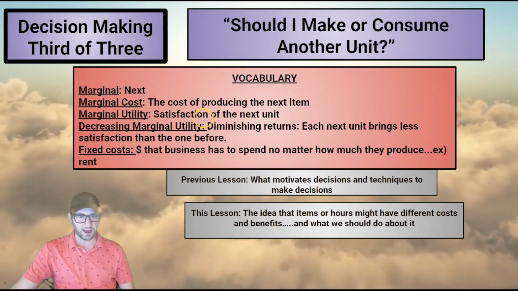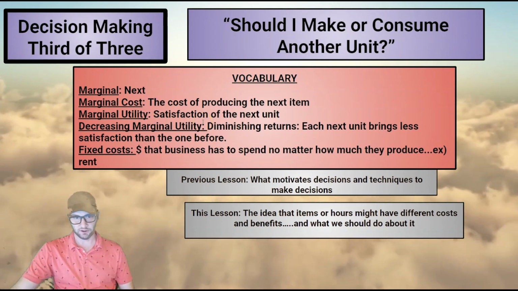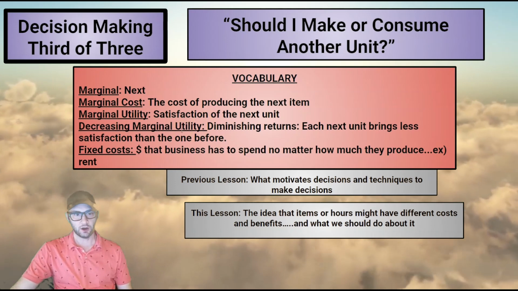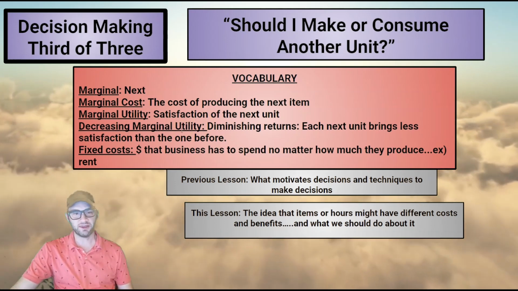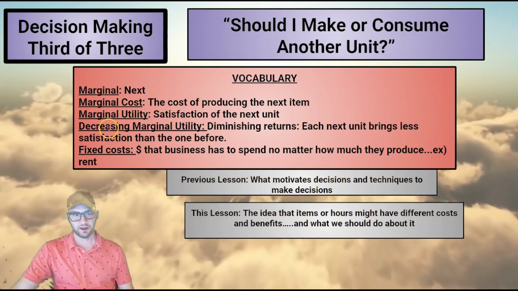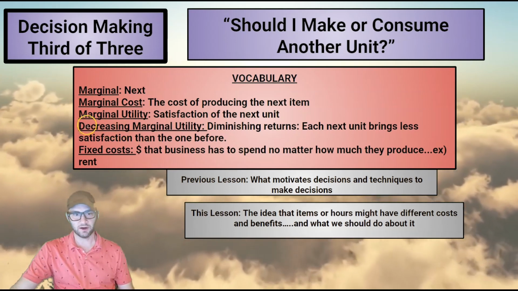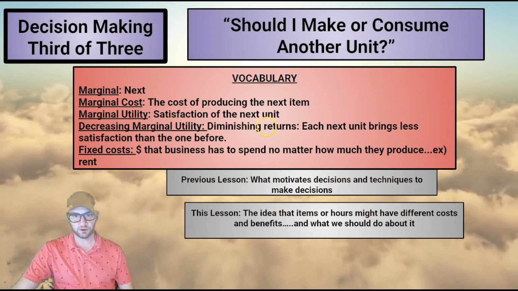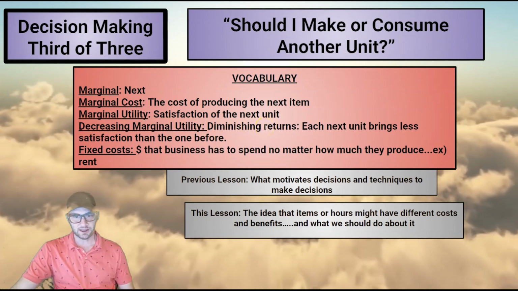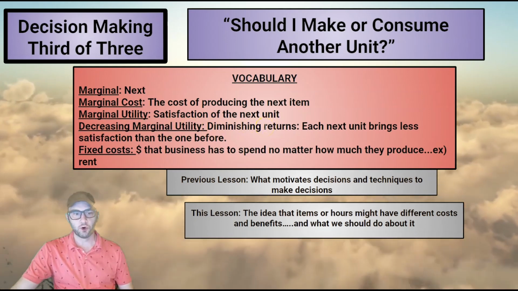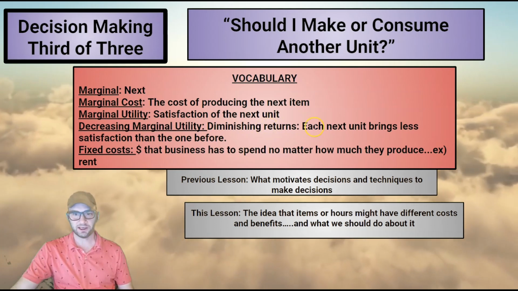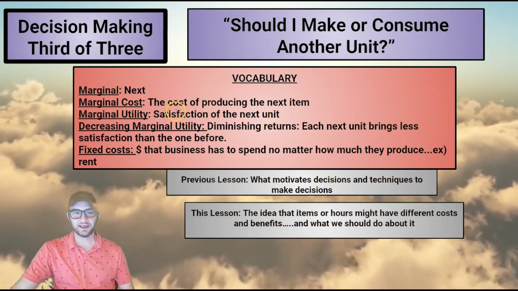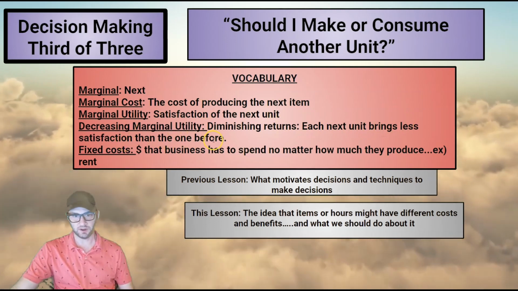Which leads us to an incredibly powerful idea of the world. Almost everything eventually gets to the theory of decreasing marginal utility, sometimes called diminishing returns. The idea is, as you consume more and more and more, eventually each unit that you consume will bring less satisfaction than the one before.